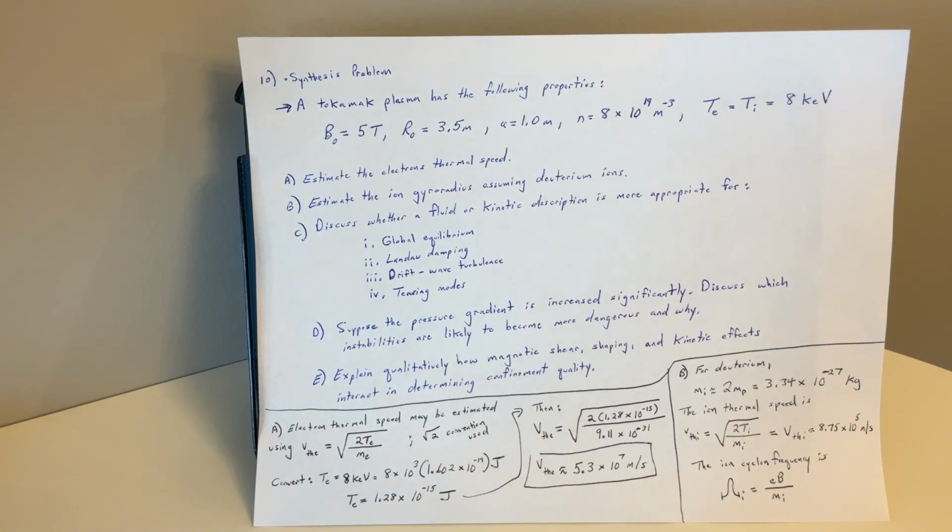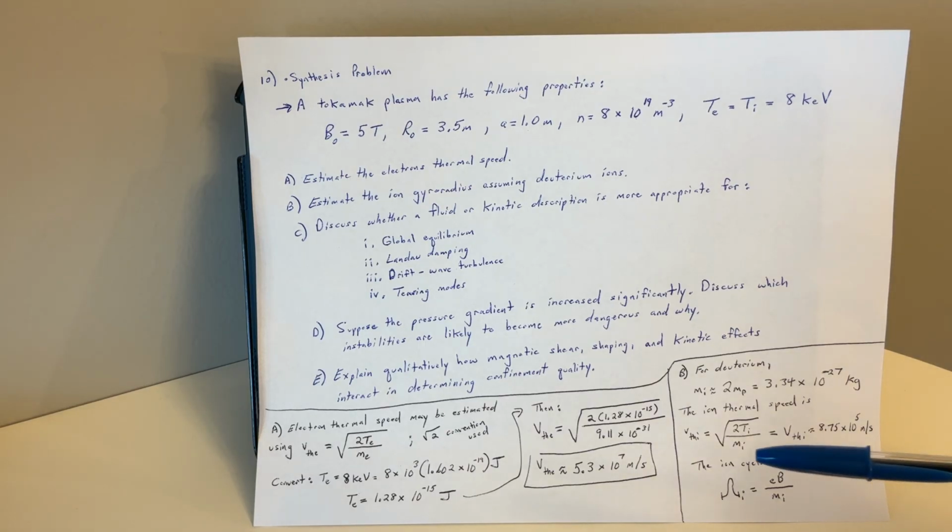Moving along to letter B, estimate the ion gyro radius assuming deuterium ions. For deuterium, m_i approximates to 2 m_p, which equals 3.34 times 10^-27 kilograms. The ion thermal speed is v_thi equals the square root of 2T_i over m_i, approximately 8.75 times 10^5 meters per second.